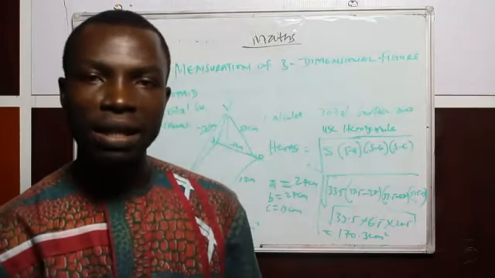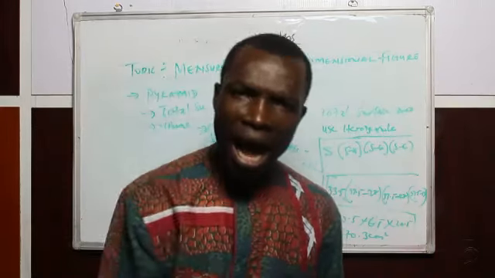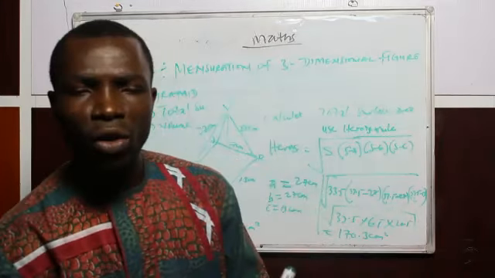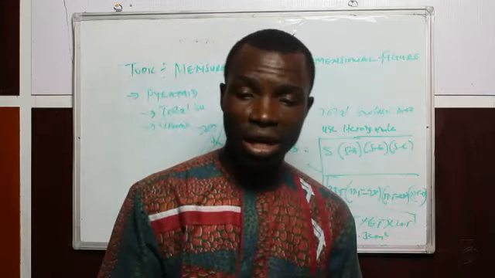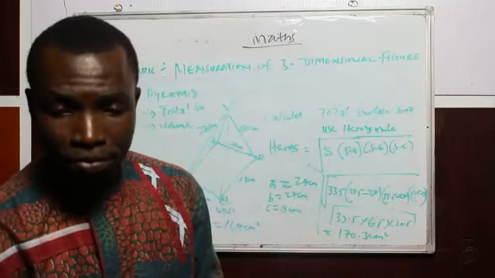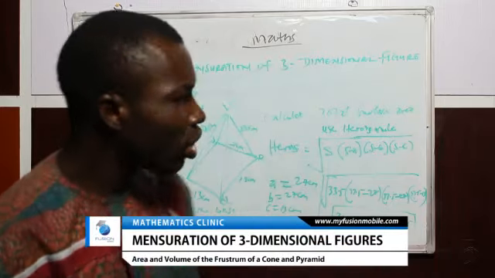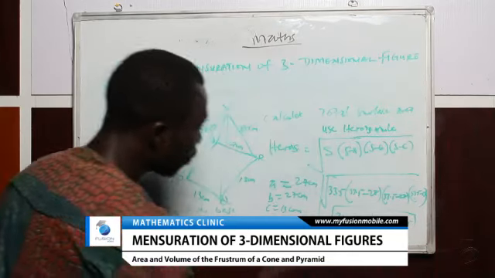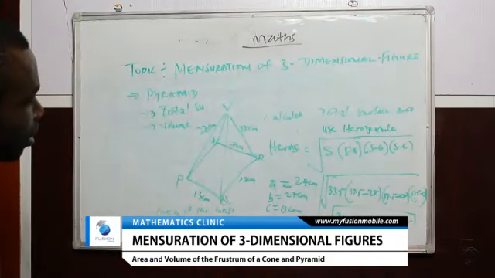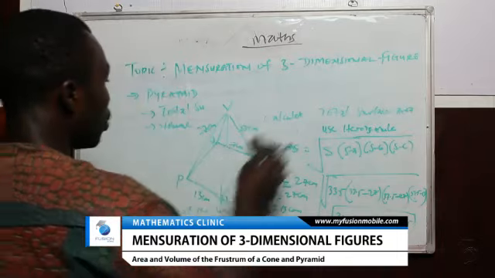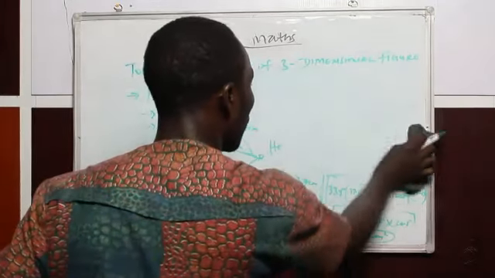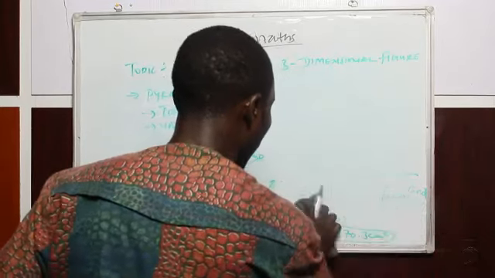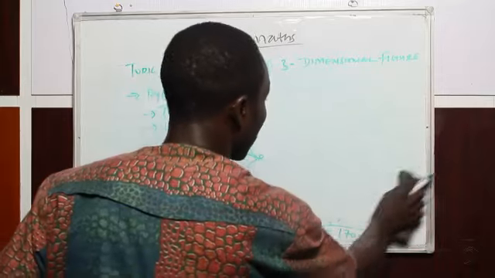You have the area of the base, plus the area of the sides, the four isosceles triangles. Because we've gotten the area of this side using Heron's formula, and we have four sides, we have to multiply this by 4.